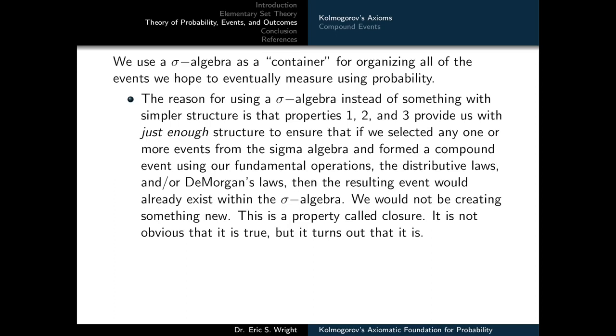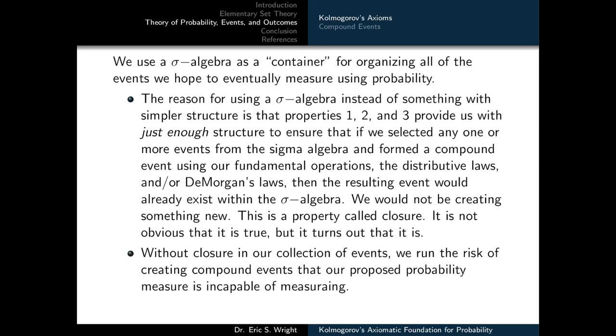It would be an event that's there and ready for us to assign a probability to. We wouldn't be creating something new, and this property is called closure. It's not obvious that those three properties of a sigma algebra give us this result, but it turns out that it's true. And we're just going to rely upon that truth for everything that we do going forward.